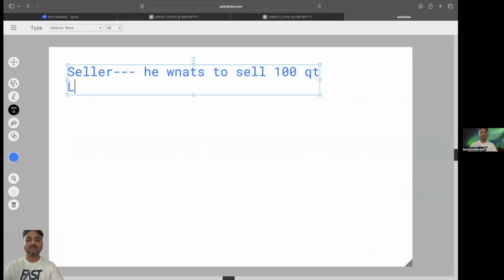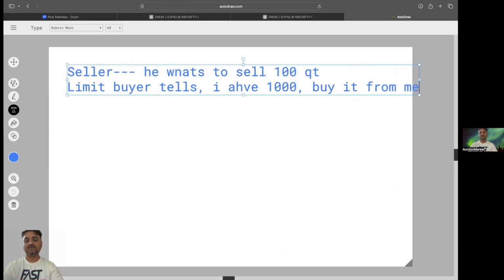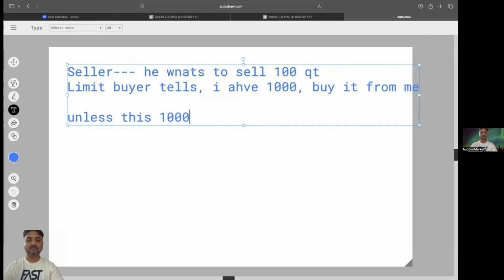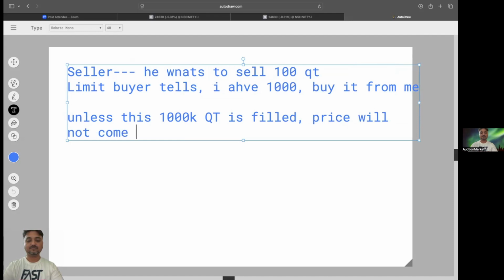What the limit buyer tells is, I have 1,000 quantity, buy it from me. Unless this 1,000 quantity is filled, the price will not come down. Okay.